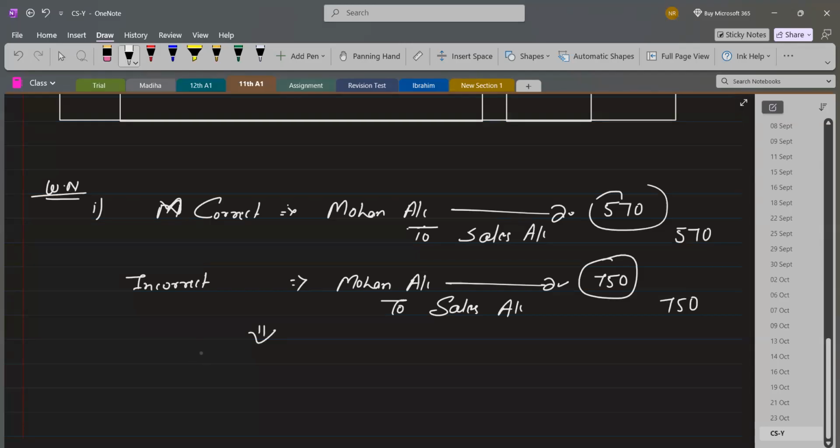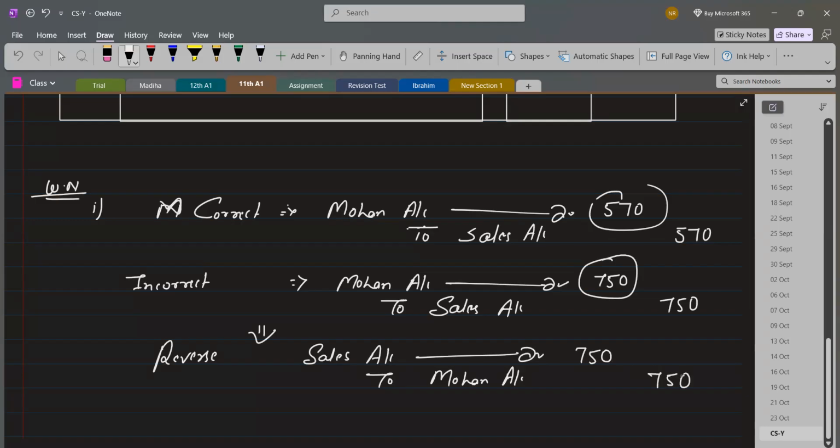If we reverse this entry, the incorrect one, it will be sales account debit to Mohan account, 750. Now, sales on the debit side is 750. On the credit side, it is 570.